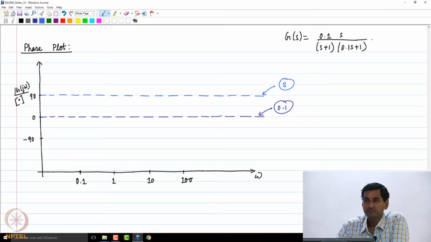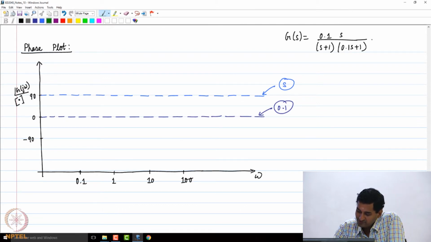What about the phase contribution of 1 by (s plus 1)? So if you recall, what happens with 1 by (s plus 1) is that its low frequency value is 0. It has a phase of minus 45 degrees at the corner frequency of 1, and then it tends to minus 90 degrees as omega tends to infinity, right? That is the phase plot of 1 by (s plus 1), right? So that is what I am going to plot.